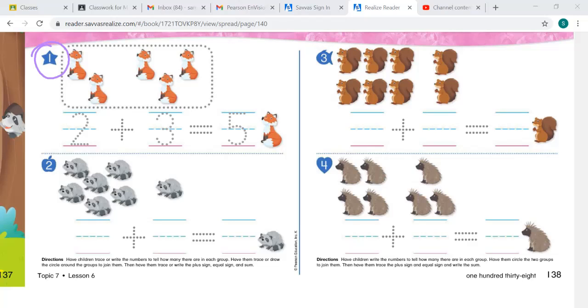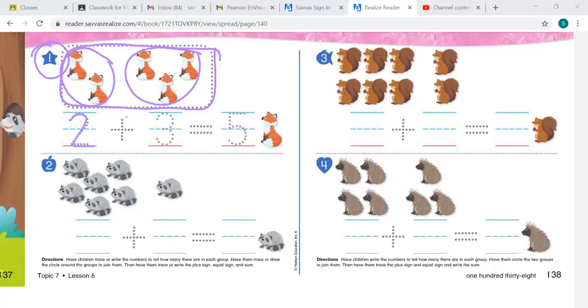And then you're going to trace or write the plus sign, the equal sign, and the sum. So it looks like we have some foxes. We have one group of 2 and one group of 3. So remember, we want to join the 2 groups to see how many in all. So let's write an addition sentence.